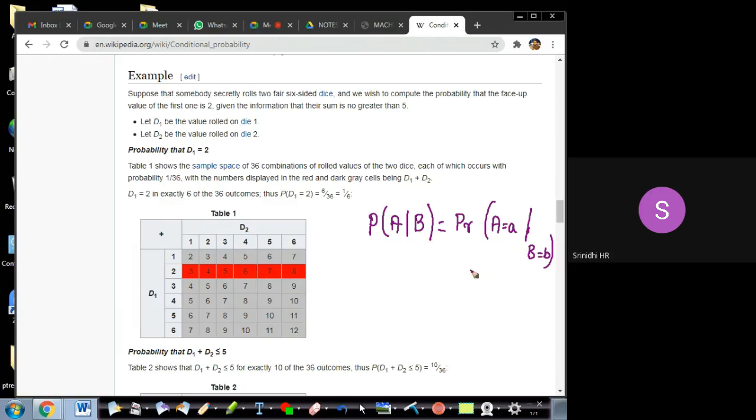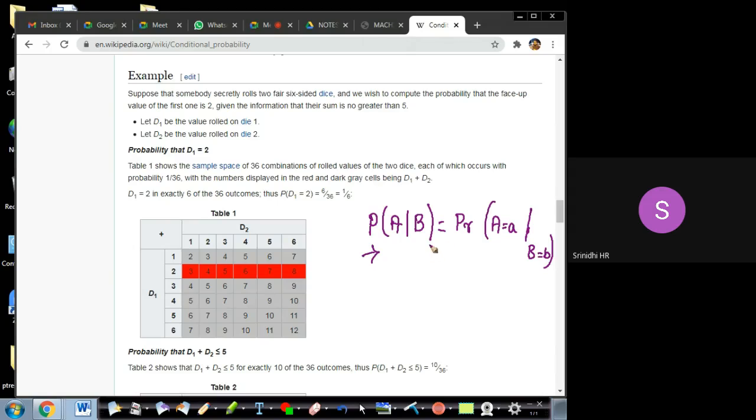I'll come up with the same example, so we'll go with the example and then come back to this definition. Those who are not able to understand, just listen to this example so that you can compare the example with this particular formula.